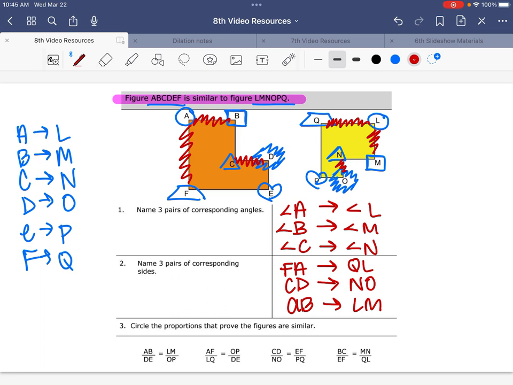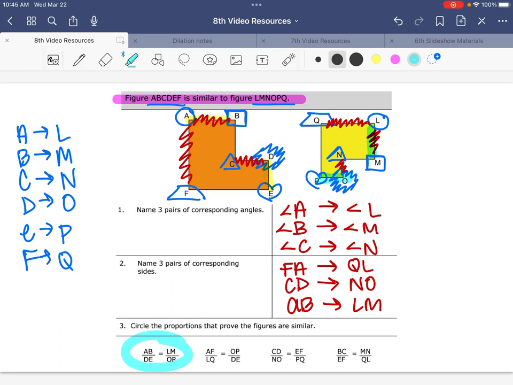So if I look at side AB and DE, does that correspond with side LM and OP? And it does. So this is one of the proportions that proves it similar.